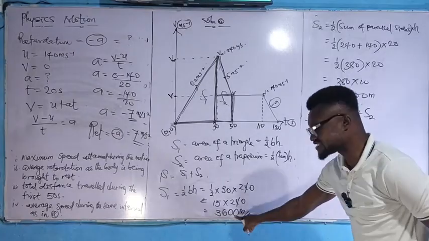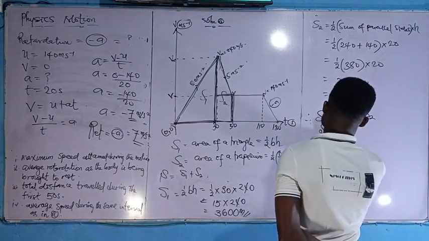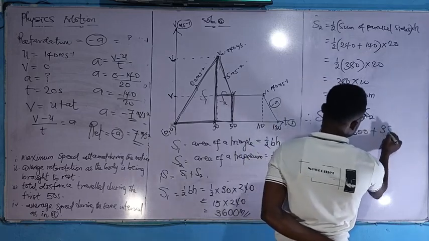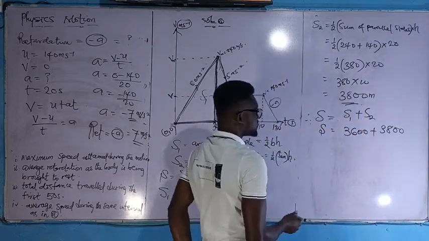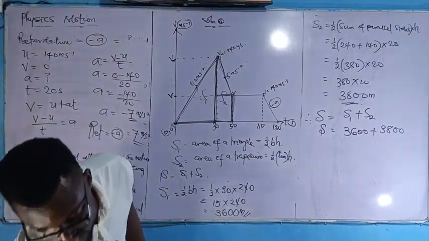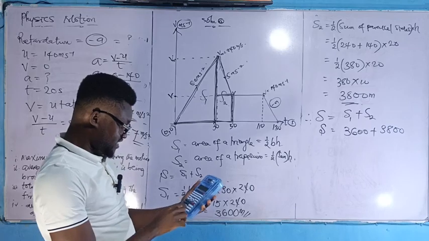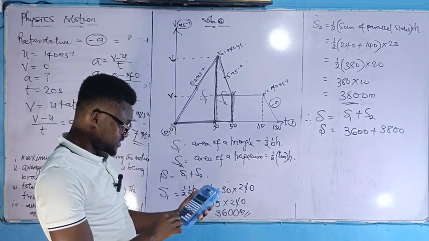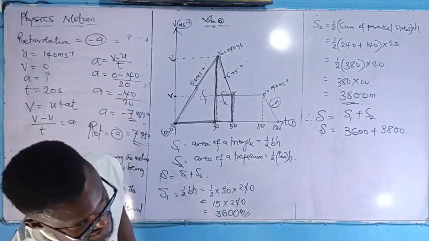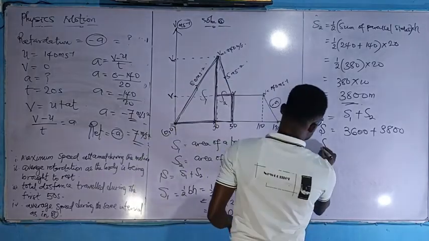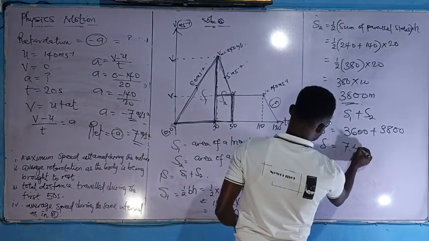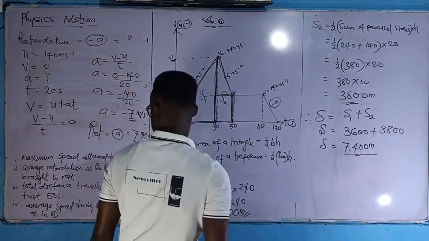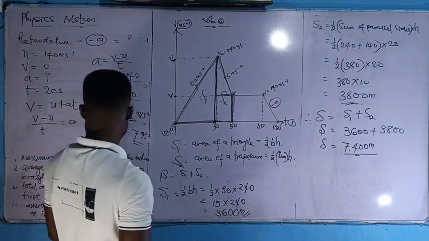We've got S1 as 3,600 and S2 as 3,800. If you add them together, we have 7,400. So the total distance is 7,400 meters. That has answered question III.